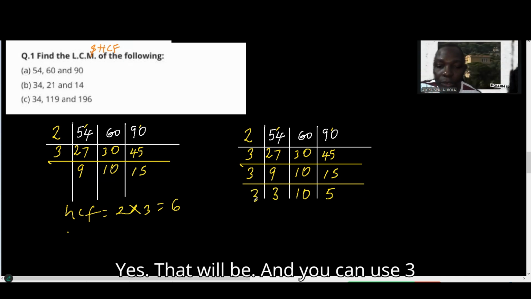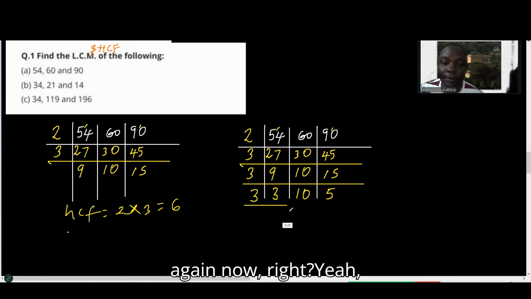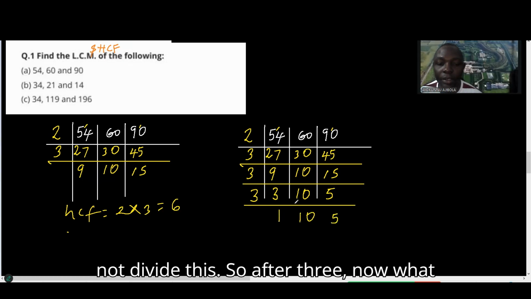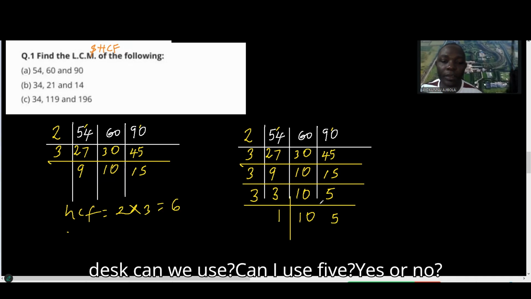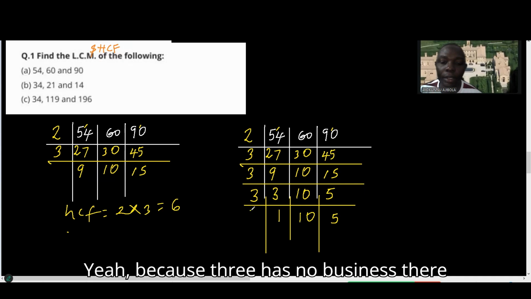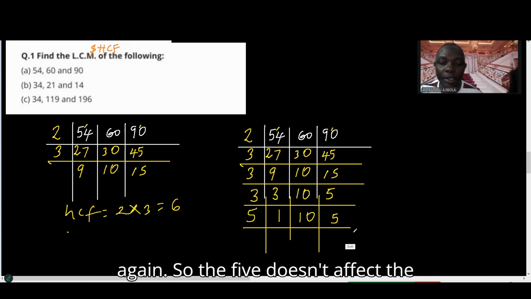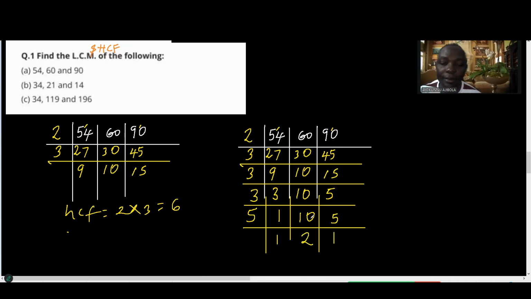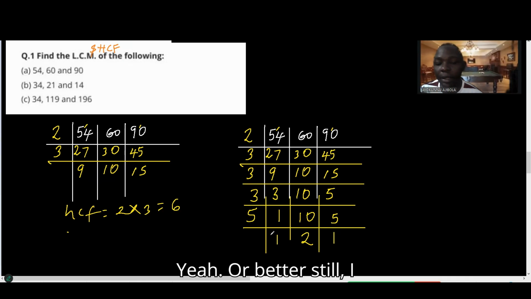Yes. Then we can use 3 again now, but it won't divide this and it will not divide this. So after 3 now, what else can we use? We can use 5, because 3 has no business there again. So the 5 doesn't affect the 1, but it affects this and it affects this, right?